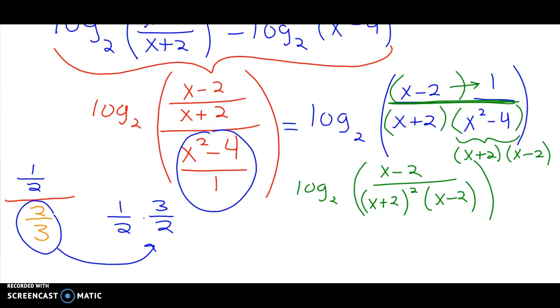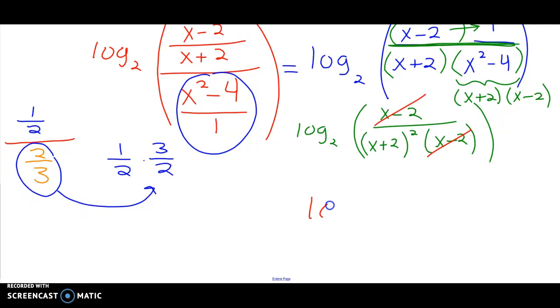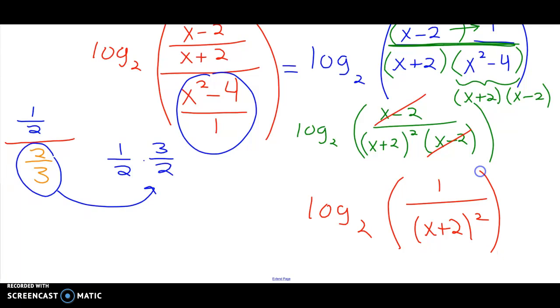Anytime you have this, don't FOIL. Every year I have people FOIL all this out and get this big, long polynomial. Don't FOIL. We want it to be factored because then we can see the cancels. So this cancels with this. So my final answer is going to be log base 2 of 1 over x plus 2 squared.